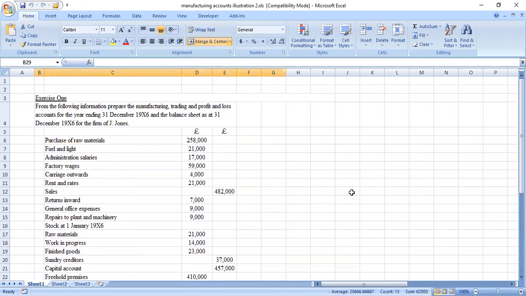So we prepare the manufacturing, trading, and profit and loss account of this business. So we embark on that.